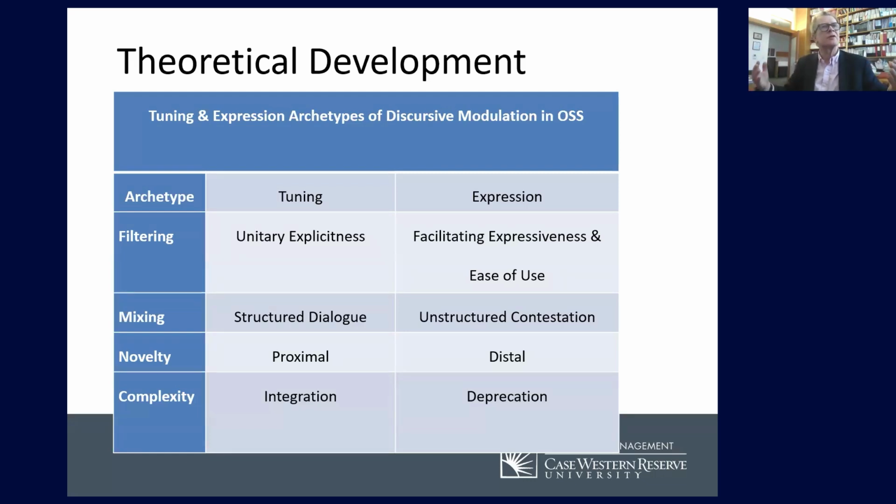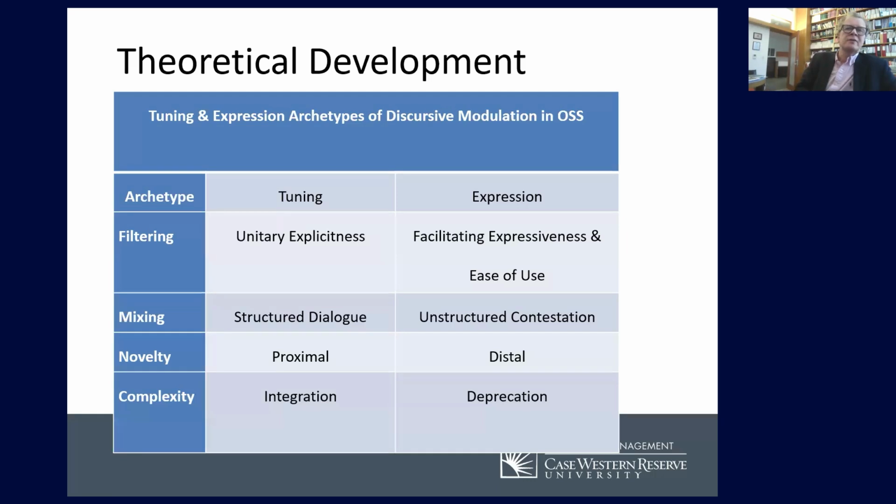By archetype, I mean that there's a certain configuration of how the filtering and mixing interact with the novelty and complexity, and we call them tuning and expression. So if you think of this as modulation, the tuning basically tries to tune in the best possible way to get a certain type of outcome, which is very similar over time.